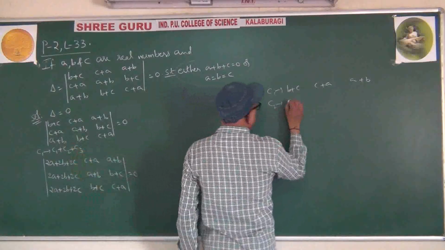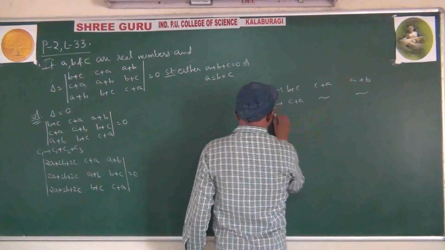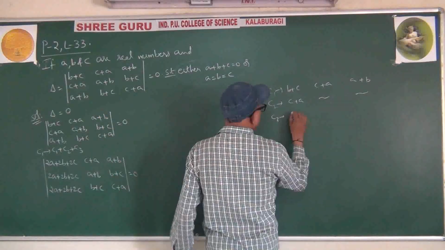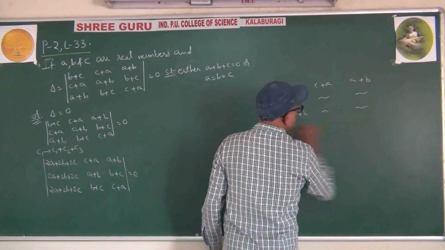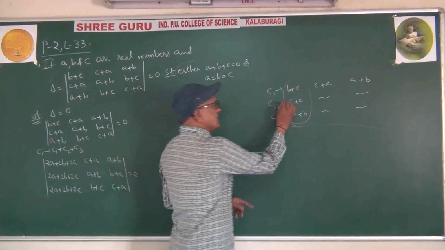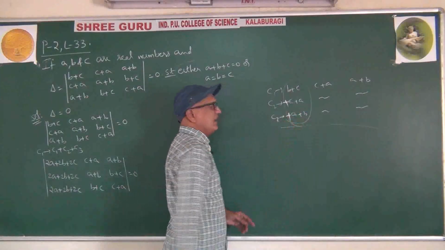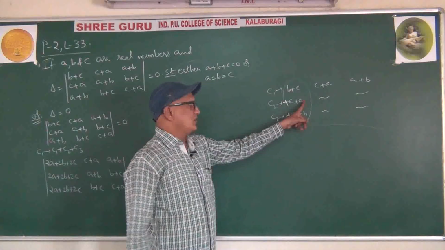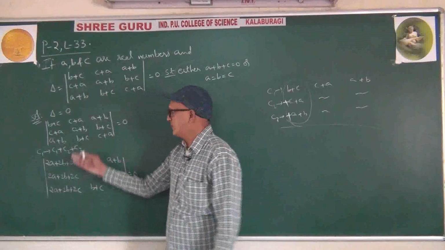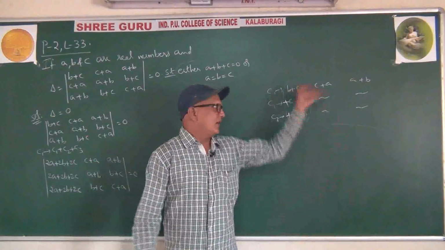Second column: c plus a, a plus b, b plus c. What is C3? a plus b, b plus c, c plus a. Add all these things: b plus c plus c plus a plus a plus b. a plus a is 2a, b plus b is 2b, c plus c is 2c. 2a plus 2b plus 2c. That's what I wrote. Remaining you finish.